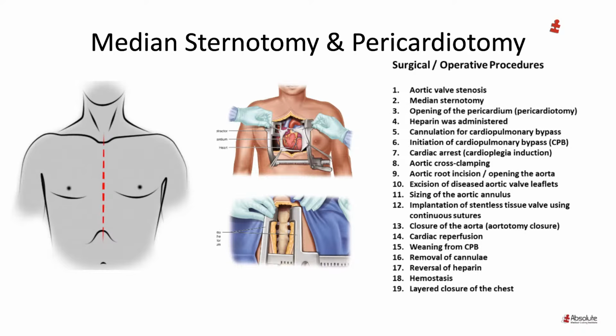All right, so let's go ahead and do this surgery. This patient had a median sternotomy. So that means that the doctor incised the sternum area right there. See where the doctor cut. Then after the doctor cut the patient open to expose the surgical site, the pericardium was incised also so that they can access the surgical site even more.